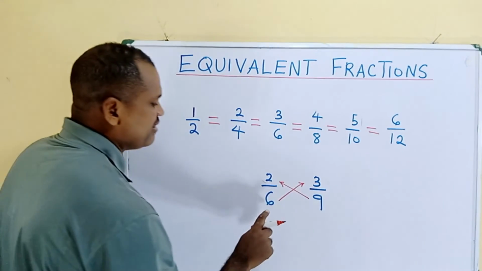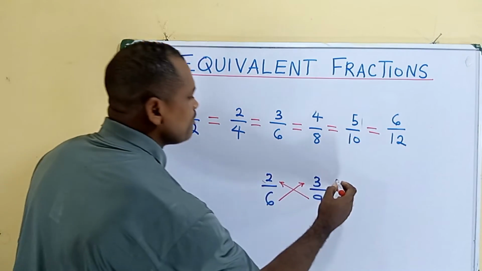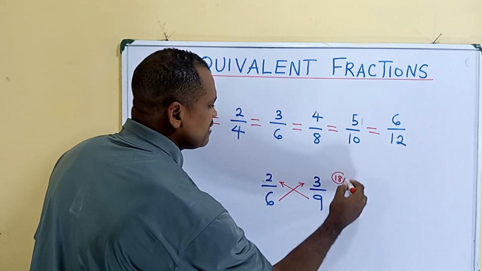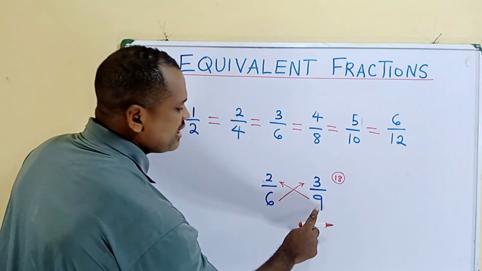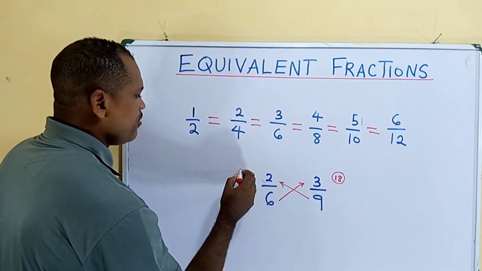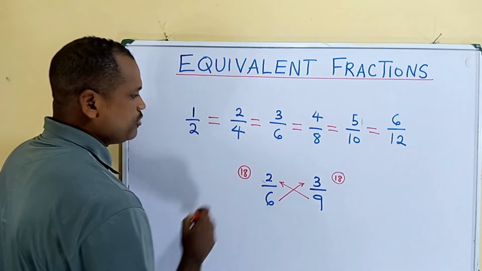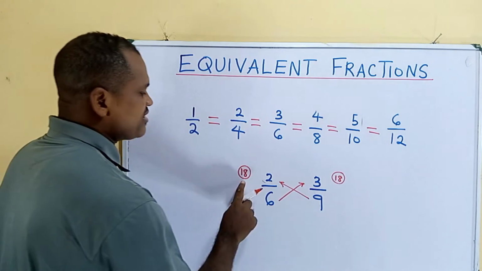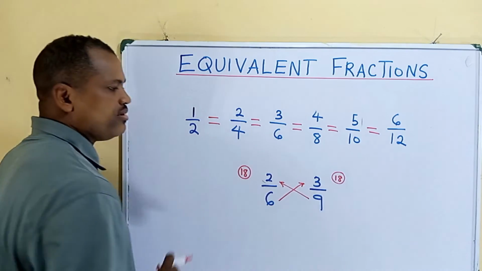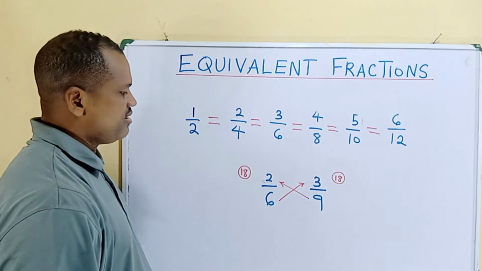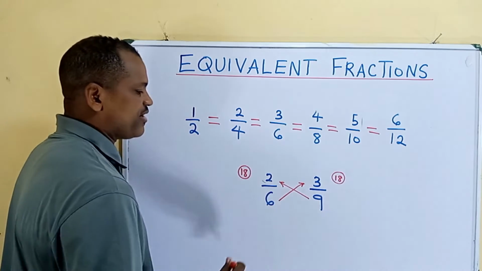Cross multiply. 6 times 3 will give us 18. Write it here. 9 times 2 will give us 18 also. Because they have the same 18, we say they are equivalent fractions.